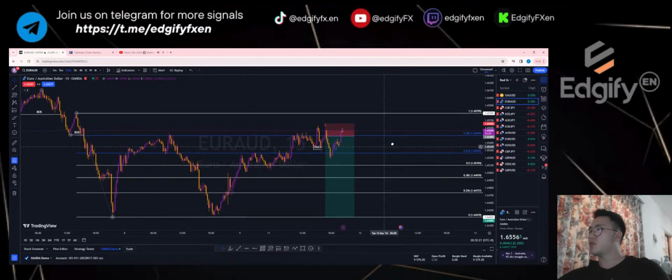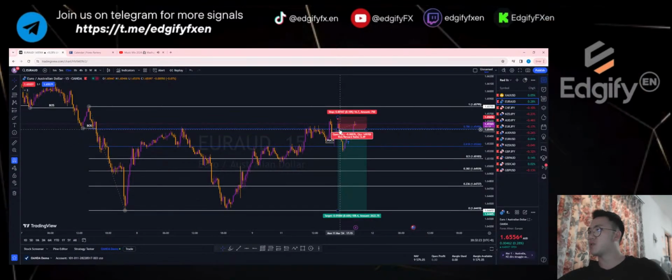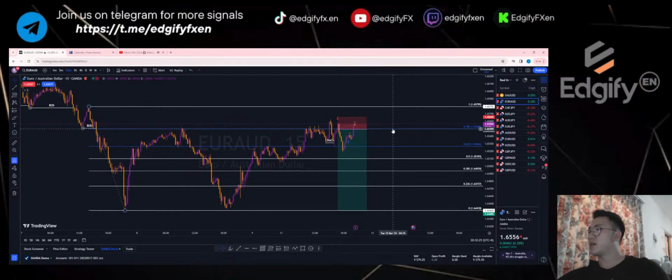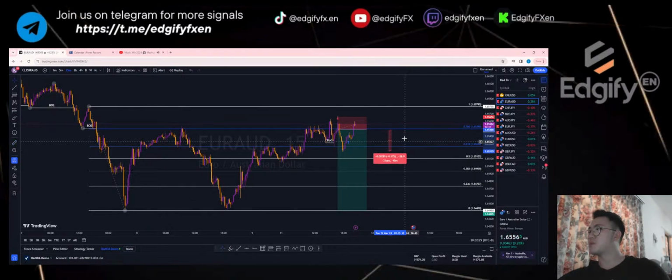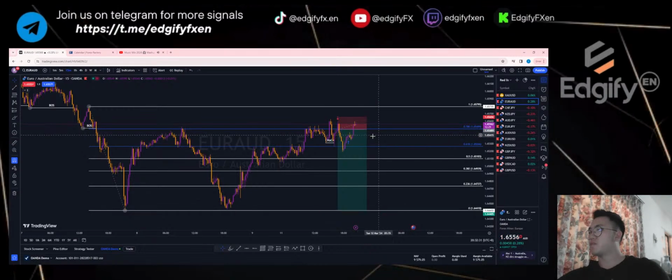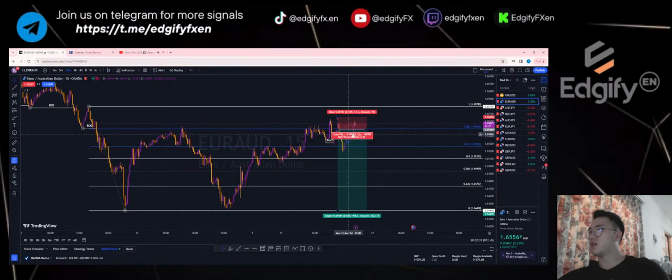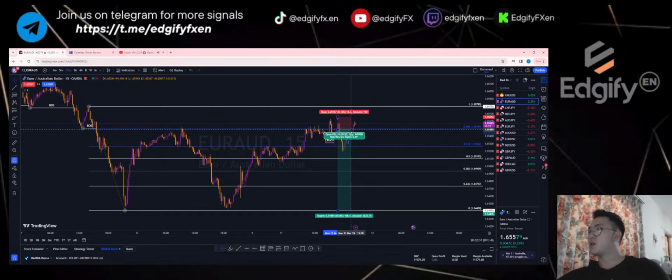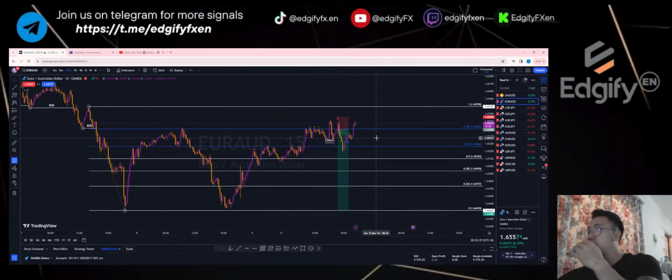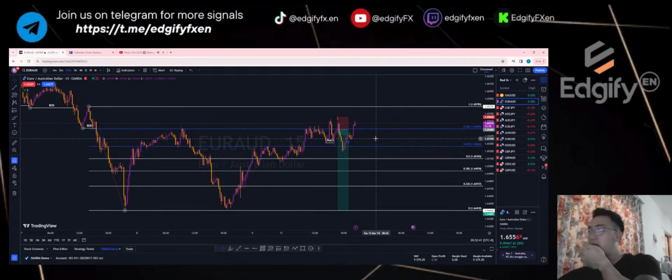Euro AUD, I actually took a trade just now about this level, and I've gotten about 30 pips from it. I took partial and set break even, and unfortunately it has hit my break even. So we'll wait for a possible entry again.